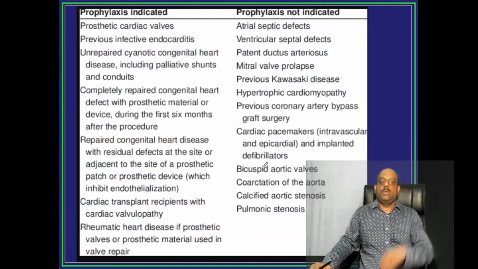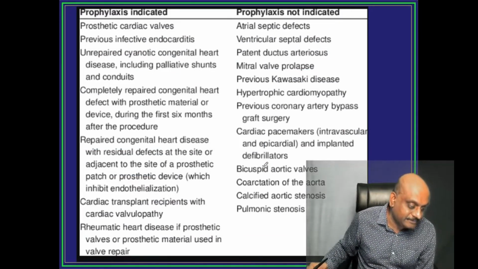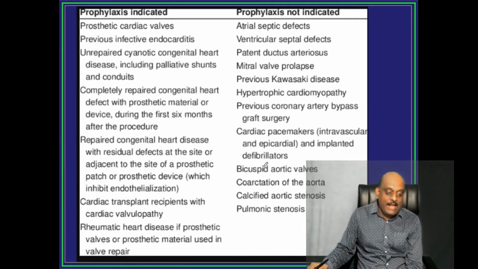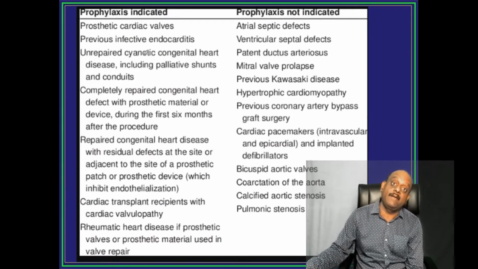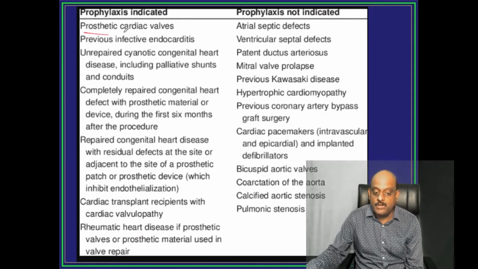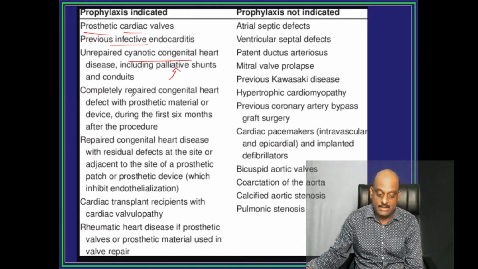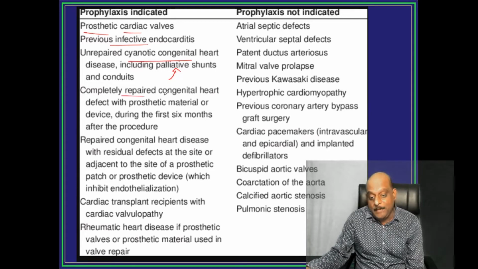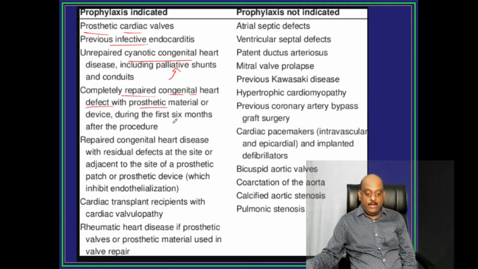Now, what conditions prophylaxis is indicated, and which condition prophylaxis is not indicated? Favorite question of the examiner. Prosthetic cardiac valves, previous infective endocarditis, unrepaired cyanotic congenital heart disease including palliative shunts, or completely repaired congenital heart disease with prosthetic material during the first 6 months after the procedure.